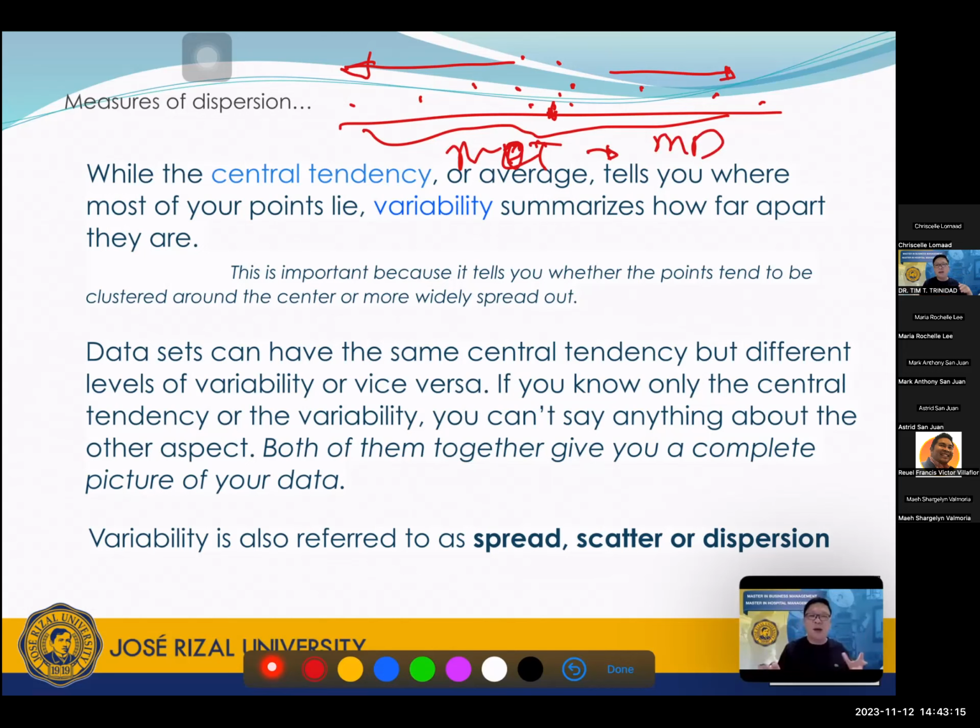If you combine measures of central tendency and measures of dispersion, you create information that is more well-rounded. Variability is also called spread, scatter, or dispersion.